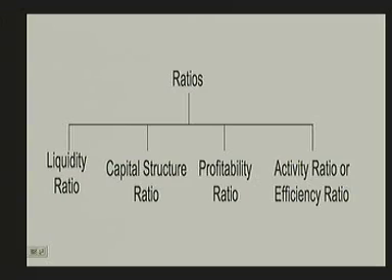Now, you will find that each of these four categories of ratios has a specific objective to attain. For example, we try to see the liquidity ratio in order to find whether the company would be in a position to meet its short term liabilities.